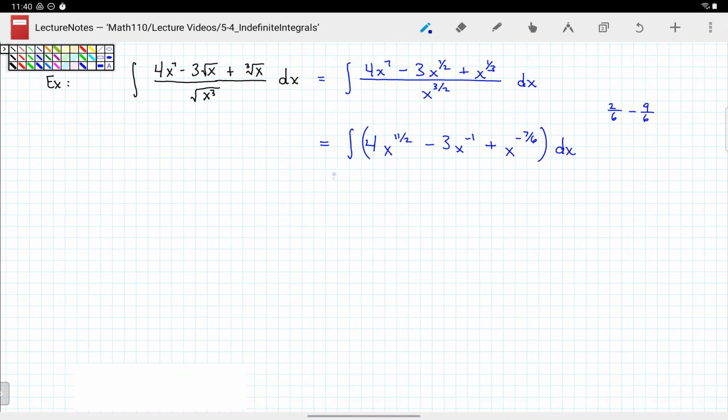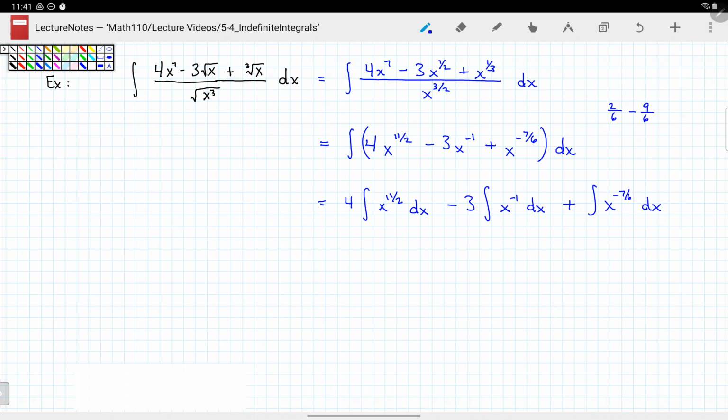Okay, so I can see this as 4 times the integral of x to the 11/2 dx minus 3 times the integral of x to the -1 dx plus integral of x to the -7/6 dx.